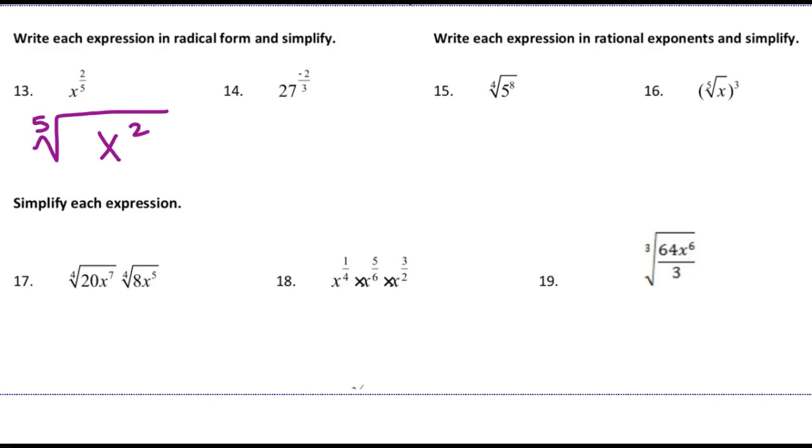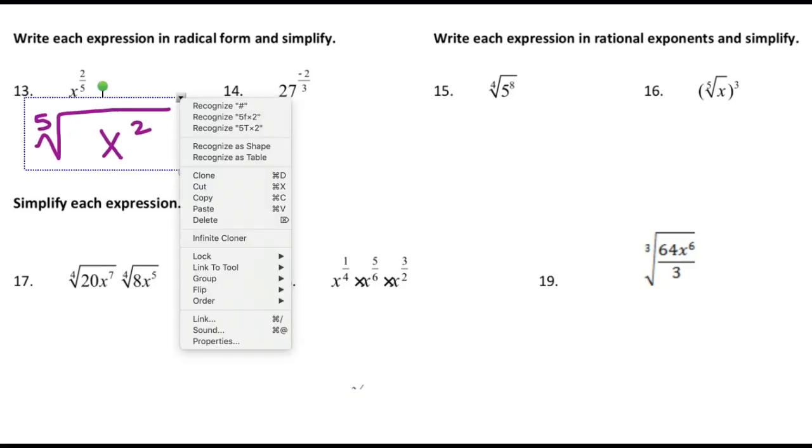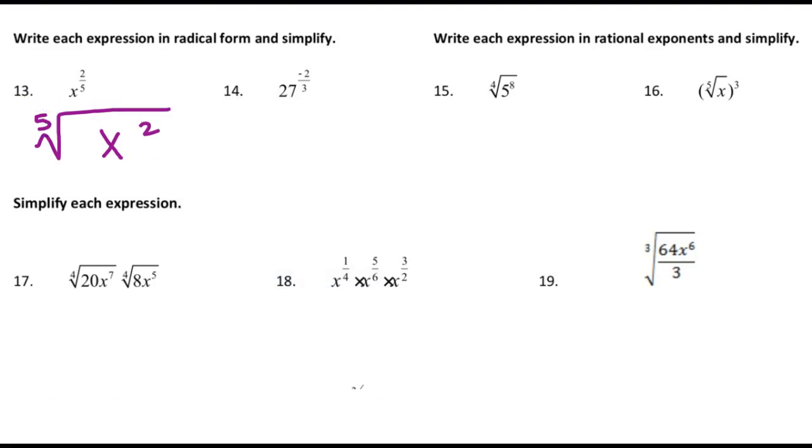Technically, you could also have the squared out here like this. There is no difference. It's the same exact value. Sometimes it's better to square the number inside the radical, sometimes it's just better not to. So either way, either one of those is acceptable.